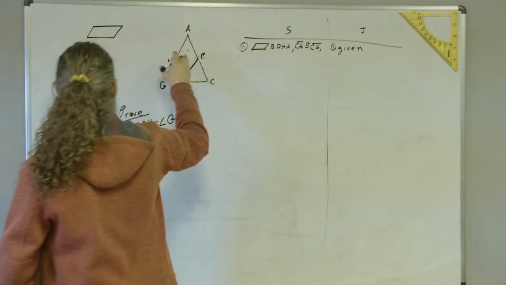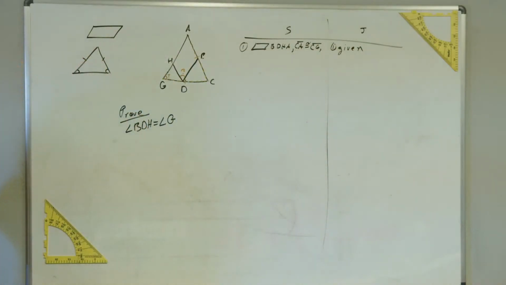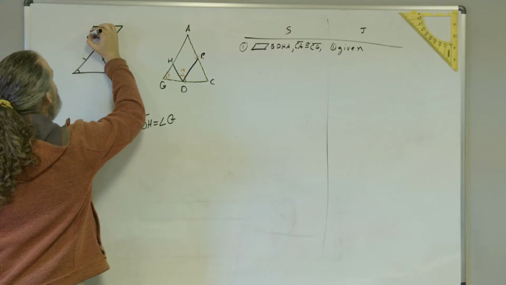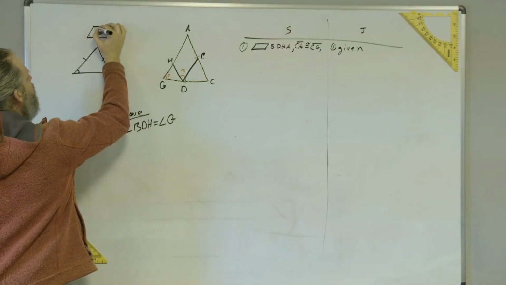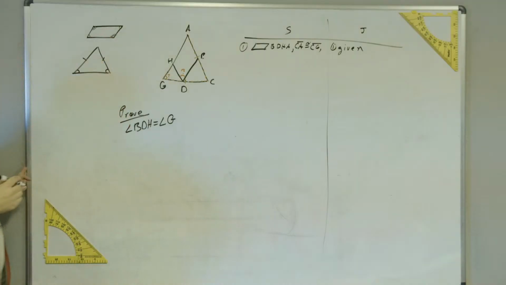Now, this is a parallelogram. What all do we know about a parallelogram? Two important things. Well, really only one for this problem, but let's go ahead and think through all the couple of important things. What do we know about a parallelogram? Opposite angles are congruent. So this one is congruent to this one, and this one is congruent to this one. Right?